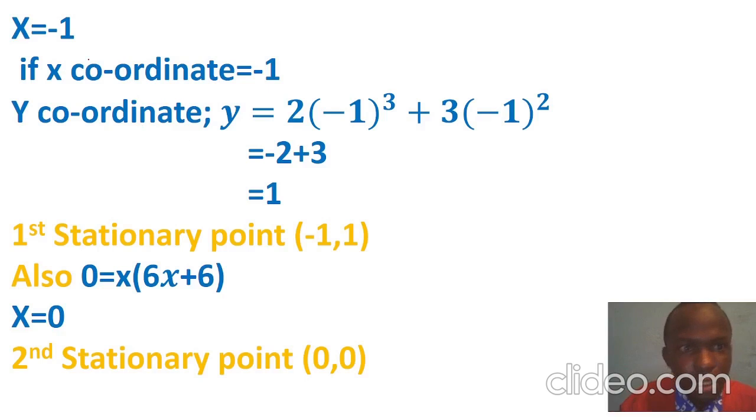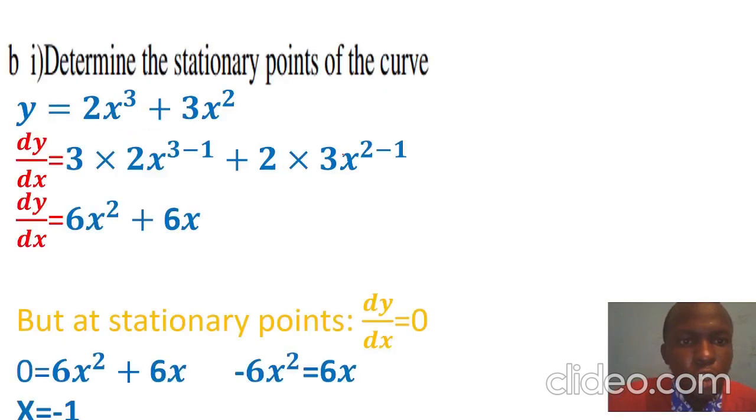So if x is equal to -1, okay, x is equal to -1, the x coordinate is -1. What about the y coordinate? Like I have said, we are going to use the original equation. Please don't confuse the original equation. I know you might be tempted to do the substitution with the gradient function, but it is wrong.